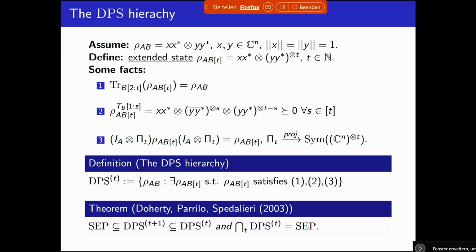Then you can implement these three conditions as a semi-definite program. Because the first condition and the third condition are linear, you're asking whether a big matrix exists satisfying some linear conditions, and then the second one is a bunch of PSD conditions. So the DPS hierarchy is implementable as an SDP.